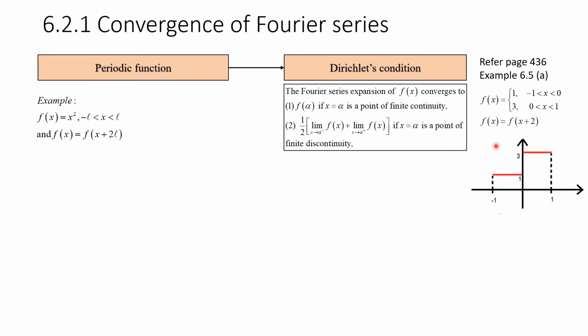If you notice here, if you can see this graph, this function is continuous over the interval of negative 1 to 1, except at the point x equals 0, which is a point of finite discontinuity.